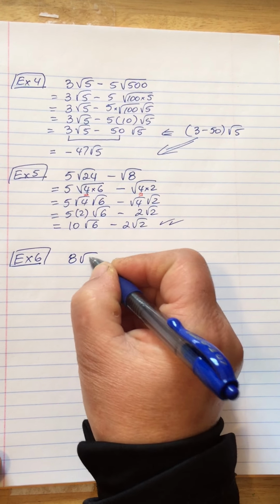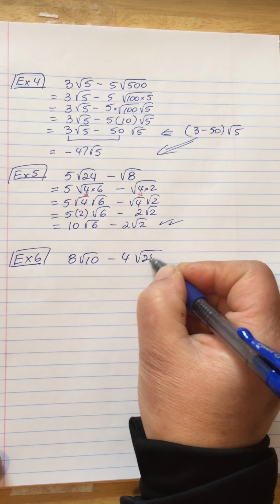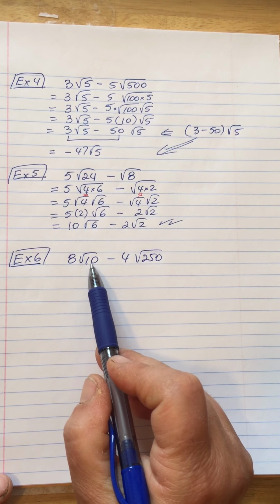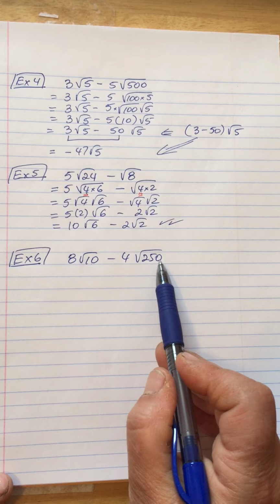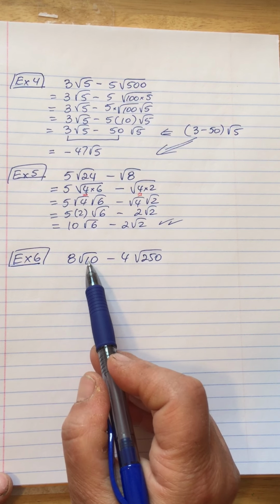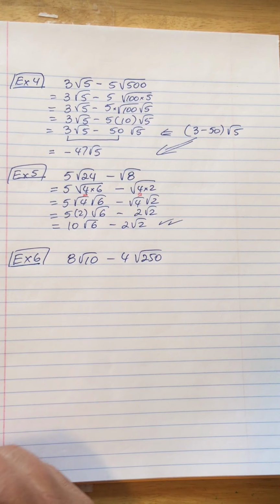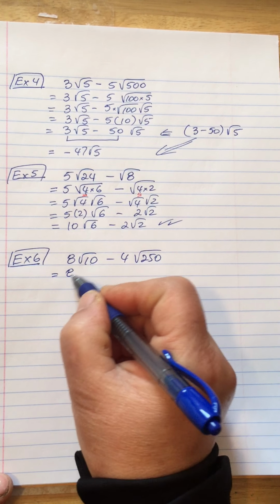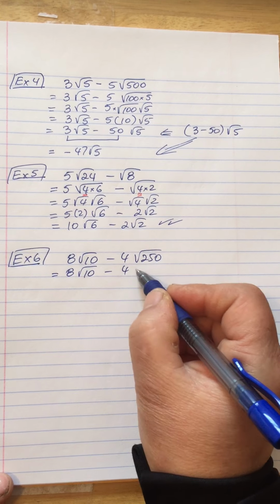Eight square root of 10 minus 4 square root of 250. Okay, so here clearly we can see 10, this is 25 times 10, so yes, 250 divided by 10 is 25, so clearly we can continue and combine in here. So let me write 25 times 10.